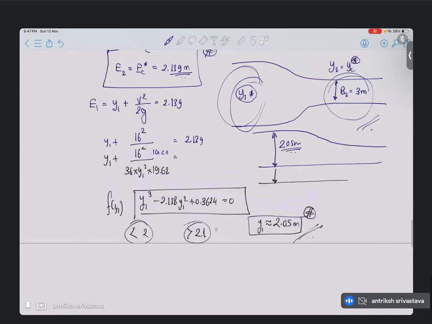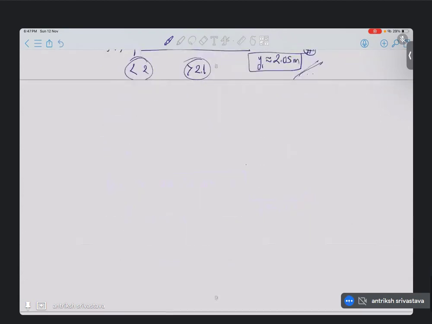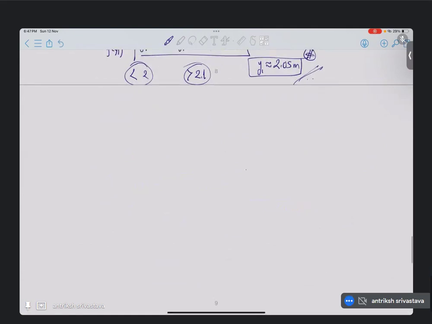First derivation is your YC in case of rectangular channel, which we have written as Q square divided by G to the power 1 by 3. Actually, when you want to calculate your critical depth, you should use the formula Q square T divided by G A cube is equal to 1.